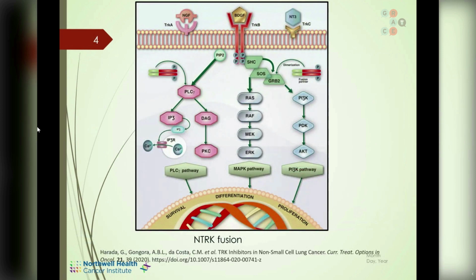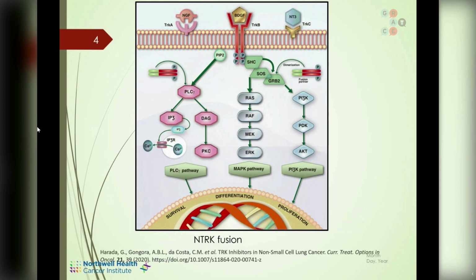As I mentioned here, you see in the middle, you have the TRKB for an example. So when you talk about the receptors, these are molecules on the surface of the cell. For activation to happen, for the signals to be transmitted from outside to inside the cell, resulting in cell growth and proliferation and going to other places, you need the two receptors to come together. So it's called dimerization.